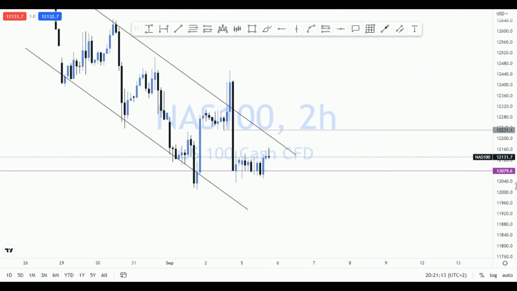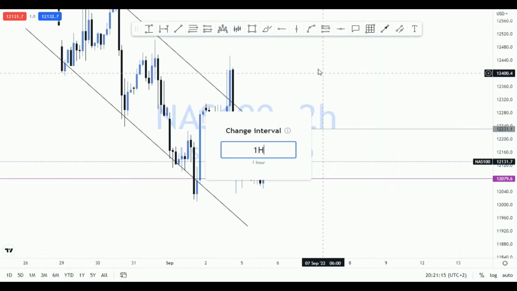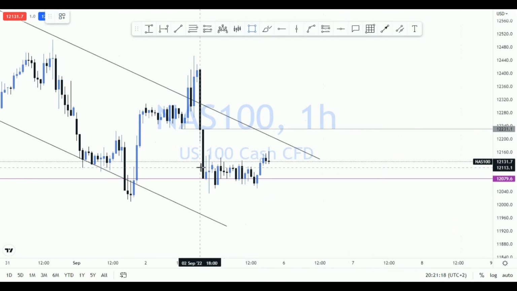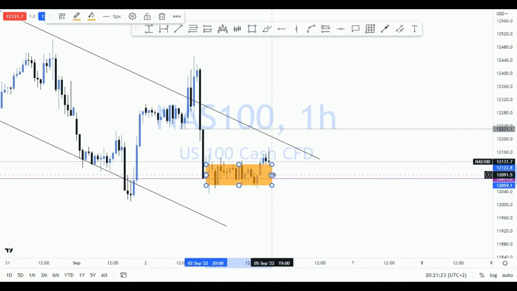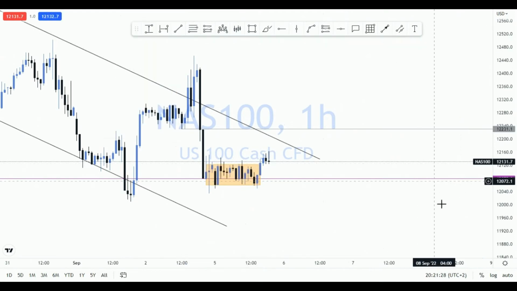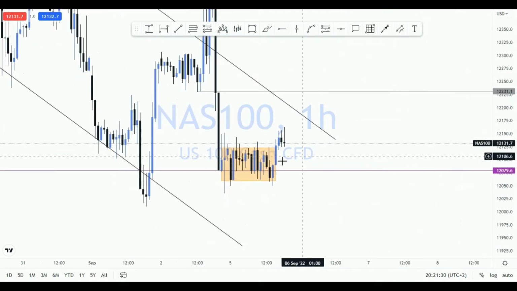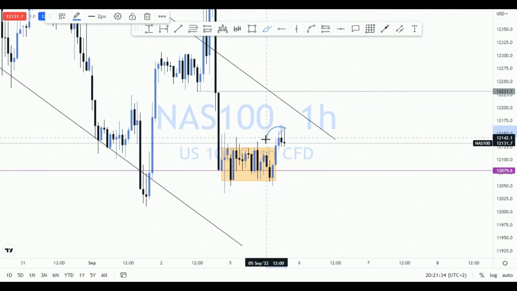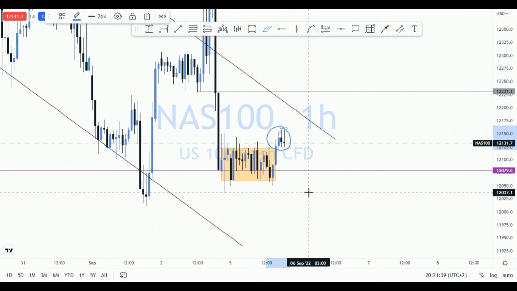Let's just move on to the 2 hour time frame and even onto the 1 hour time frame. Another thing we have here is this consolidation right here, and we've had these candlesticks close outside of this consolidation area, right?